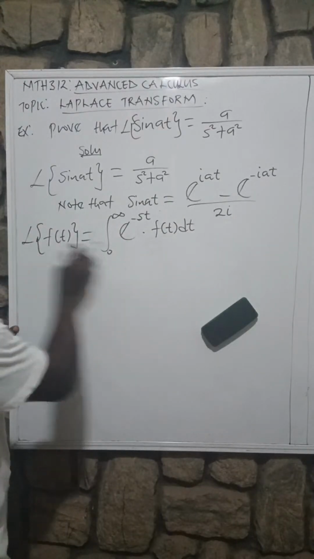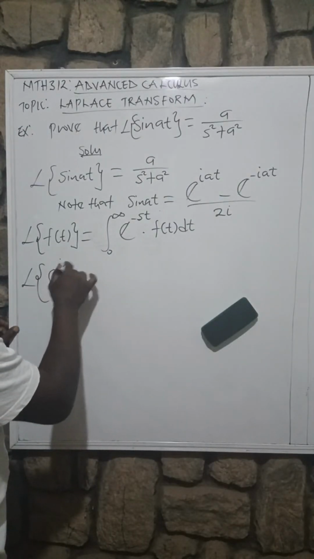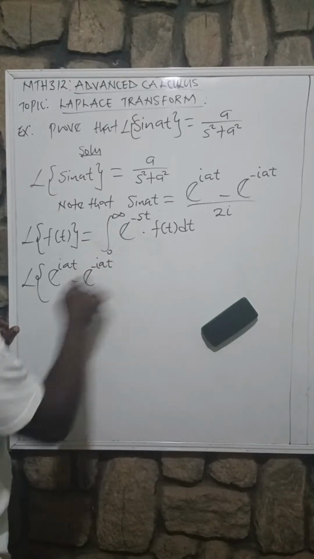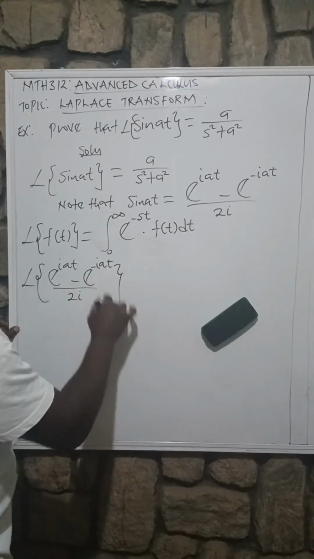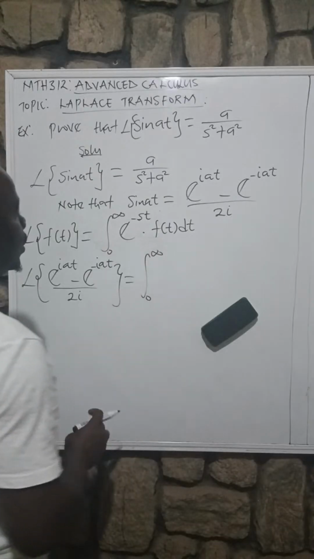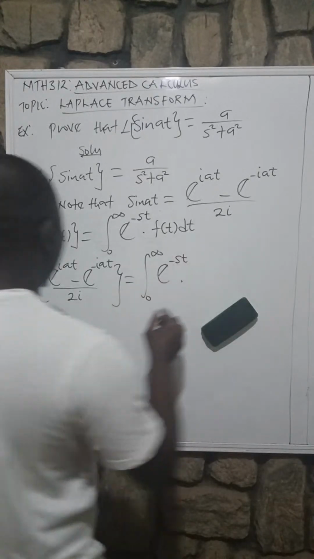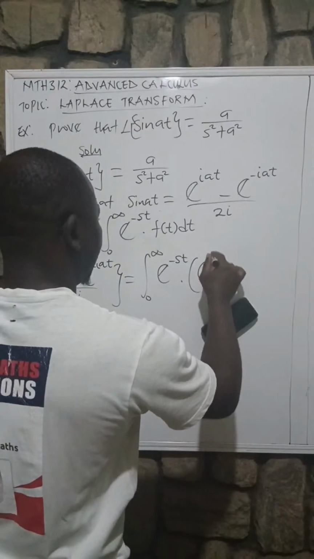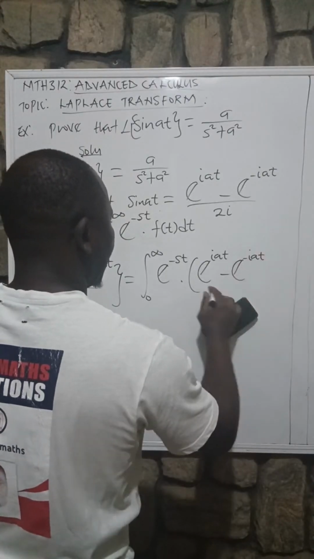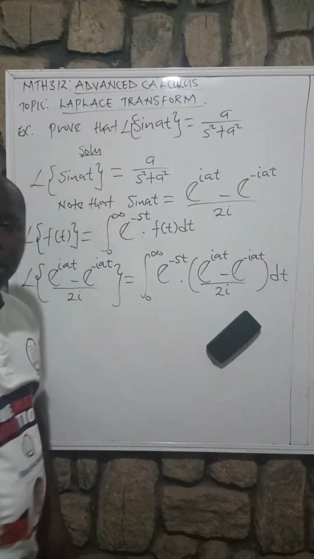So this is the function. So Laplace of exponential i at minus exponential minus i at all over 2i will be equal to the integral from 0 to infinity of exponential minus st times the function, which is open bracket exponential i at minus exponential minus i at all over 2i close bracket dt. Do you agree with me?